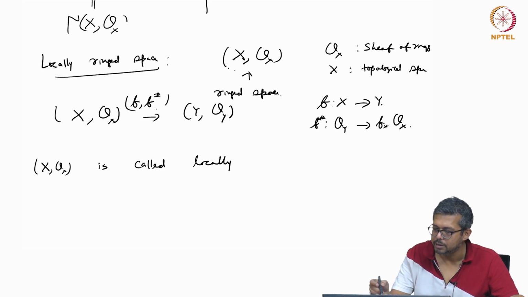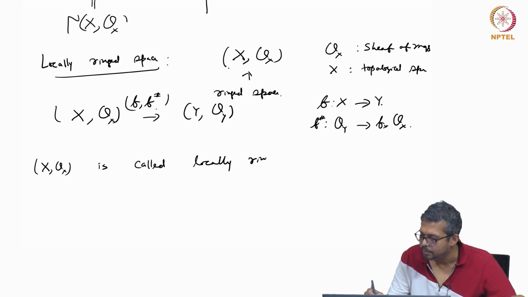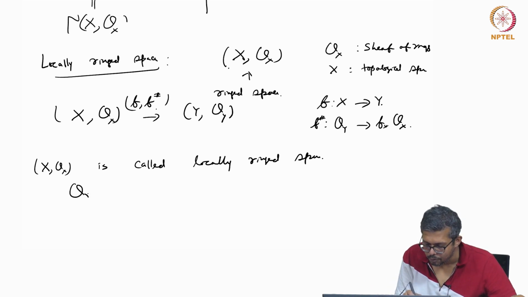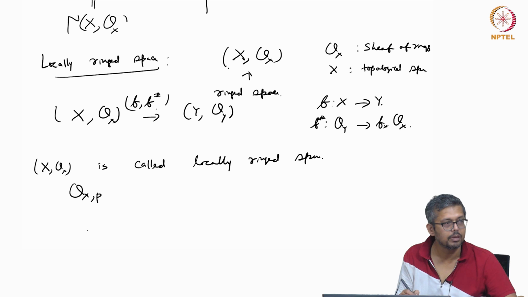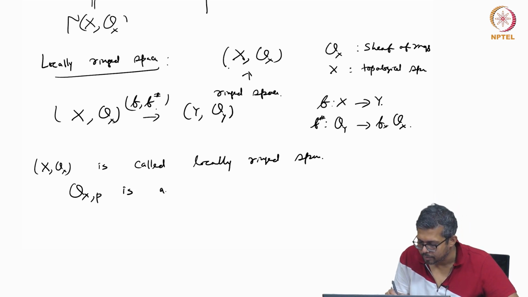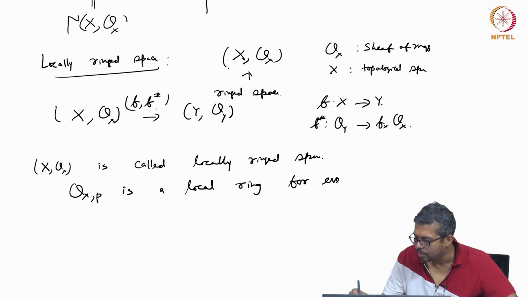So a ringed space is a topological space with a sheaf of rings. Now a locally ringed space: if you take the stalk of OX at a point P, this is a local ring. OX,P is a local ring for every P belonging to X.